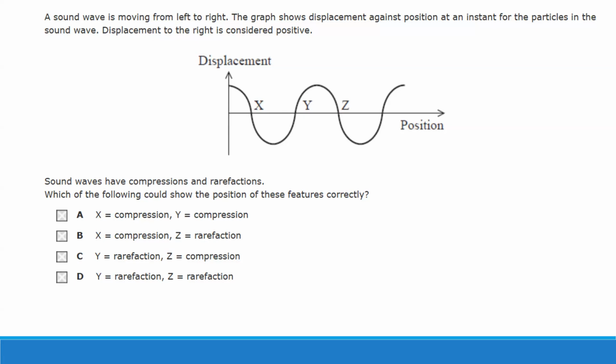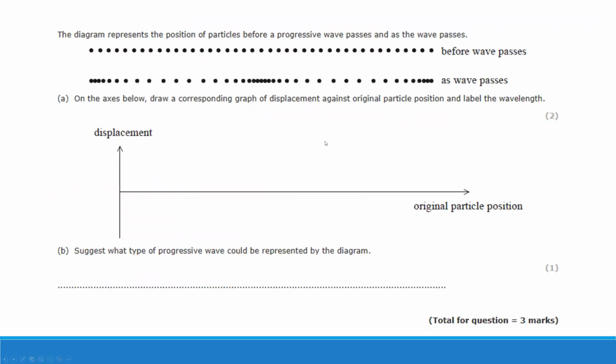It's C, right? Yes, excellent. It's C. So Y is a rarefaction and Z is a compression. X is also a compression. Okay, I feel like we've understood this topic. If not, let me know. A few more questions to practice.